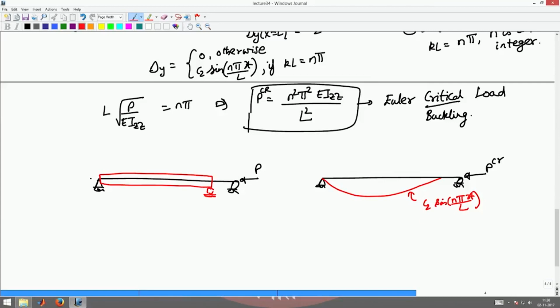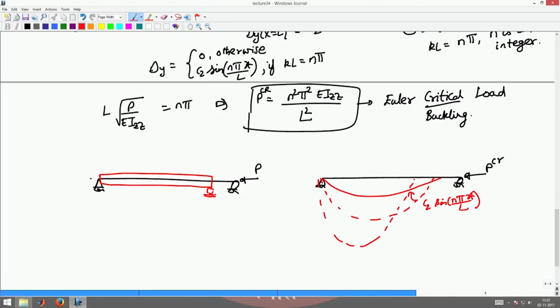What this tells us is there is no bound on C2, so it can continue to deform like that. In particular, the midspan deflection, which is the maximum deflection, is undefined, so it will continue to deform.